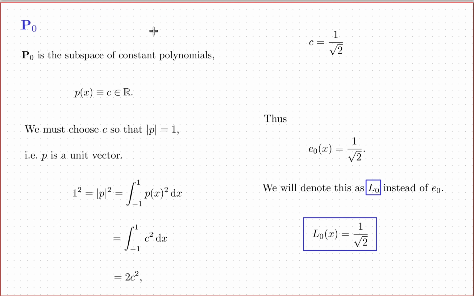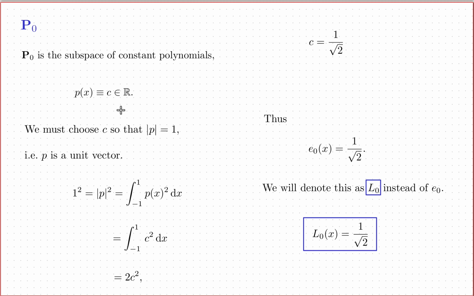So let's start small. Let's start with P_0, the space of polynomials of degree 0, which are, of course, the constants. So these are just constant polynomials. This is a one-dimensional vector subspace. They're all generated by any single non-zero constant under linear combination.